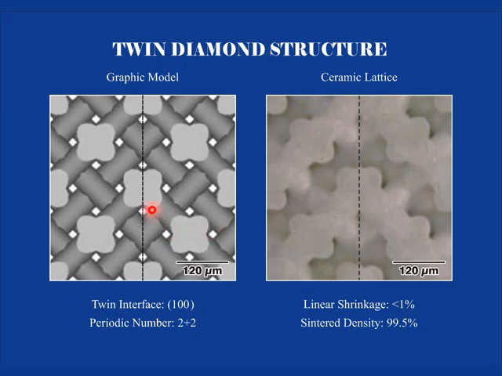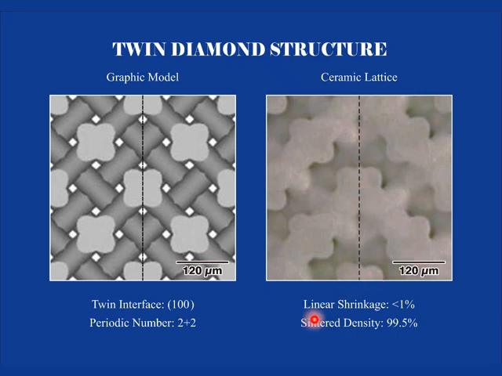By using directional fabrication and the ultraviolet laser lithography process, we can create twin diamond structures. Here are the real structures, and these dotted lines are twin defects. Here the right side and the left side have a mirror-symmetric diamond lattice. Here is a plane defect. This area is able to localize and resonate electromagnetic waves.